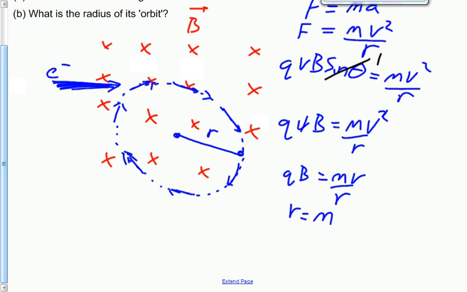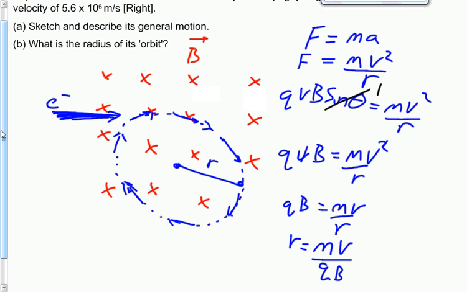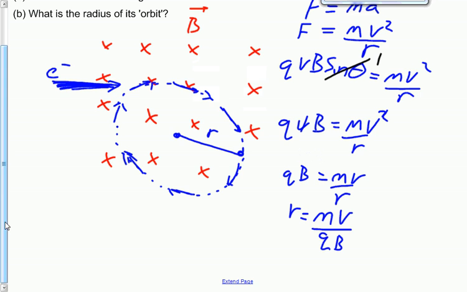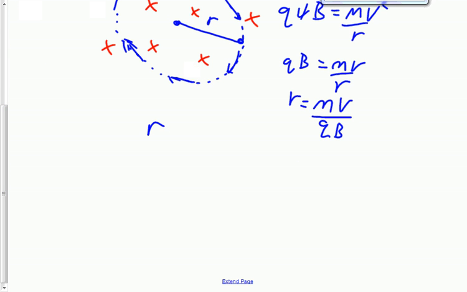So r is then mv over qB. And the numbers we should be using again are v, our speed, which is a constant in this case, B, the magnetic field, m, the mass of an electron, and q, the charge of an electron. So I'll leave that to plug in for you, but I'm getting a pretty small number here. I'm getting a radius of 1.39 by 10 to the minus 5 meters.